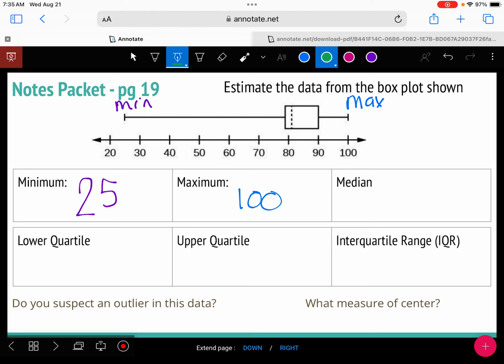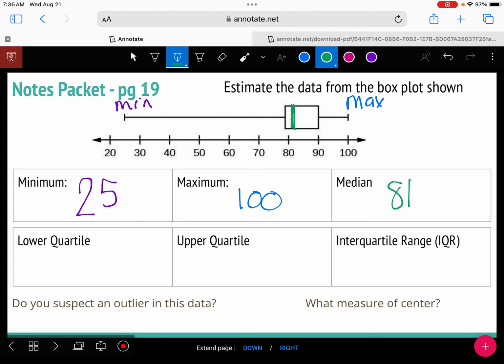Maybe it's 83 and their scale's a little weird. So I'll put 81 on here. That's my vibe on it, but I'm not mad about it. Okay? Again, I am not super petty. Don't tell me it's at 50, because it's clearly not. But as long as you're in the right neighborhood, we're okay.